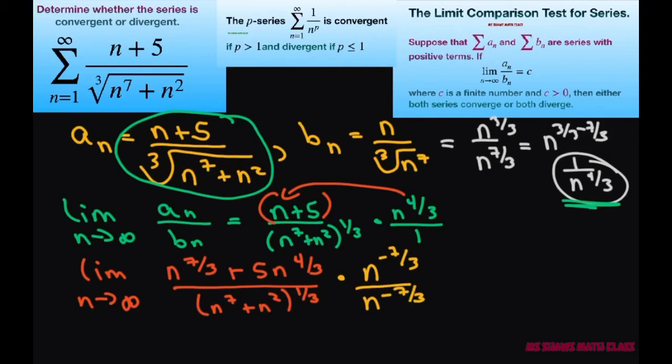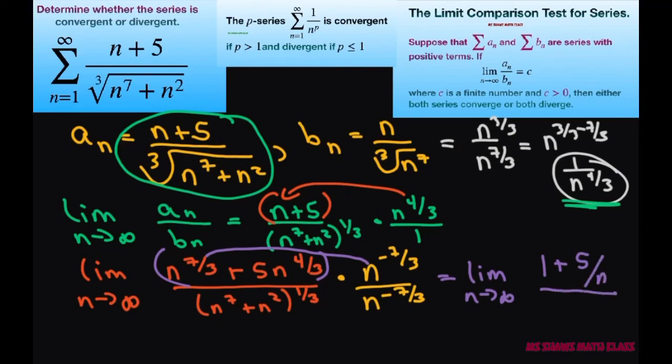And the reason we want to do that is to get something where we can do the limit. So let's do this parentheses there. That's going to give you the limit as n approaches infinity of 1, multiply those two, plus 5 divided by n.